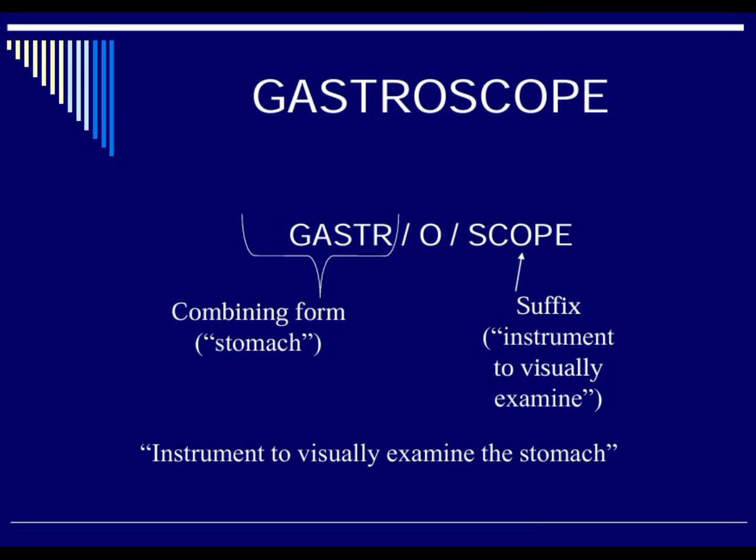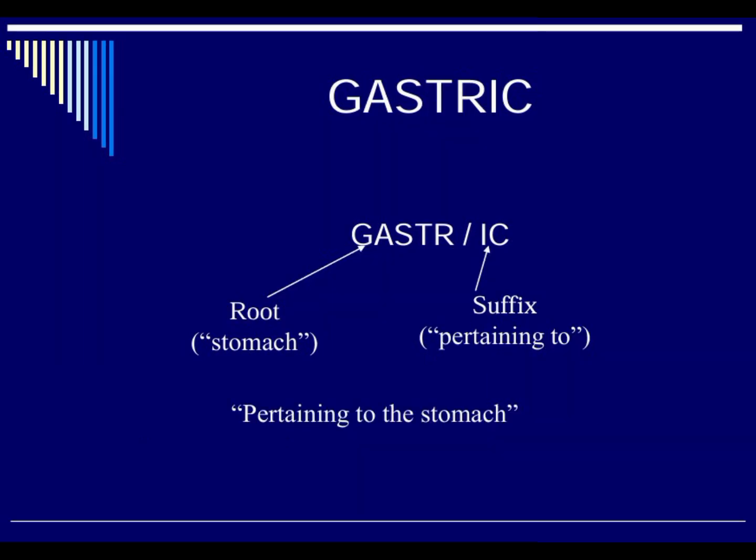Gastroscope. Gastro combining form, stomach. Scope suffix, instrument to visually examine. Instrument to visually examine the stomach, which is gastroscope. Coming to gastric: root stomach, suffix pertaining to the stomach.